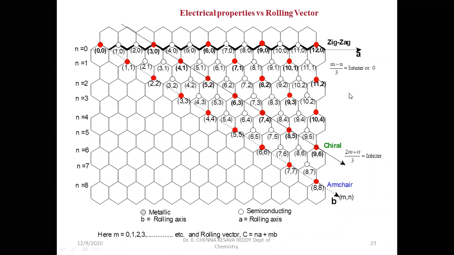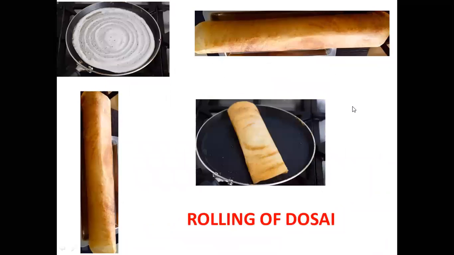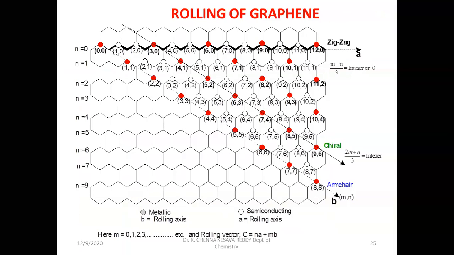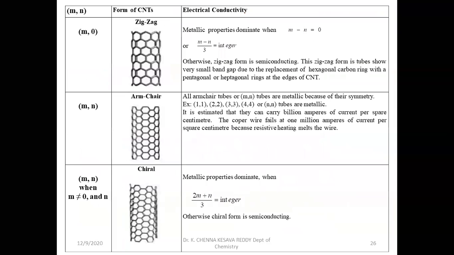Electrical properties of carbon nanotubes will depend on the rolling vector. We know how we are rolling and what will be the position of carbon atoms and what is its nature based on these formulas. Now zigzag: (m minus n)/3, if it is an integer, it will have metallic properties. Armchair, this is m equals n. It is 100% metallic.